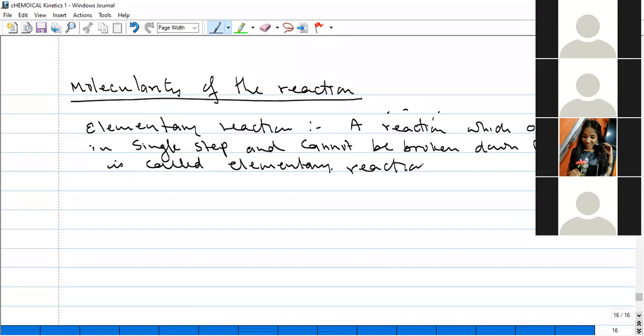Example: ozone splits into oxygen plus O. It is an elementary reaction.